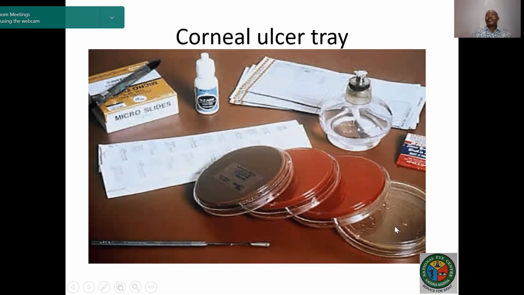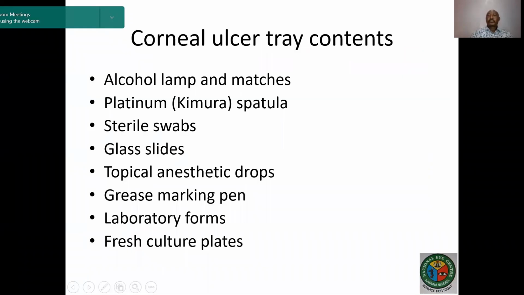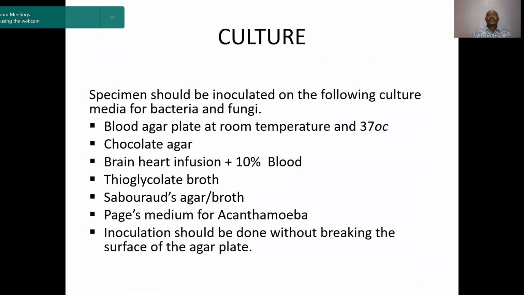So these are basic tools or basic materials that should be in any corneal tray. For the culture material, there are some that are not readily available, like the non-nutrient agar medium.